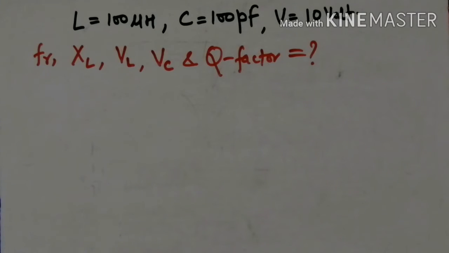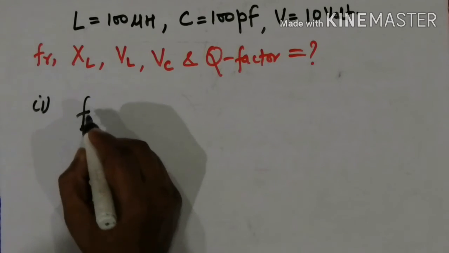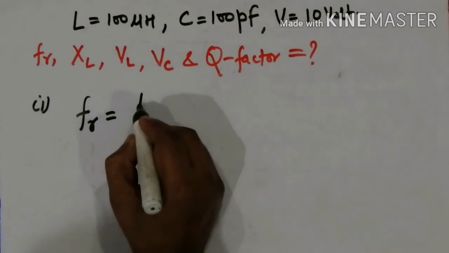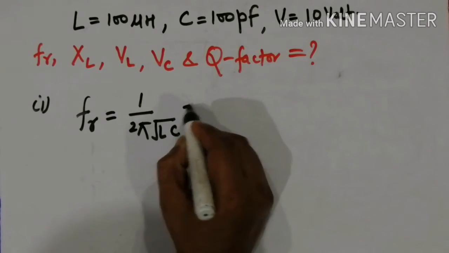So according to the question, the value of L is 100 microhenry, C is 100 picofarad, and voltage which is applied across the circuit is 10 volt. Find out FR, XL, VL, VC and quality factor. See the first part, resonance frequency. It is nothing but 1 upon 2 pi under root LC.